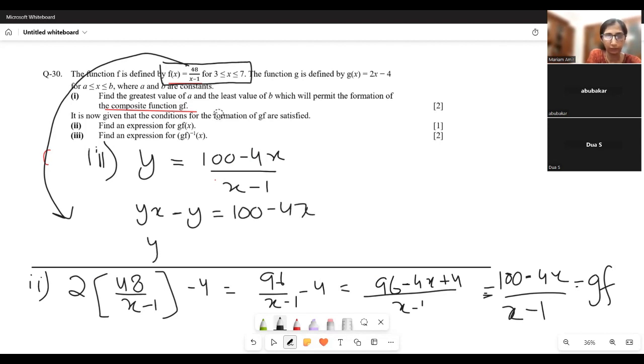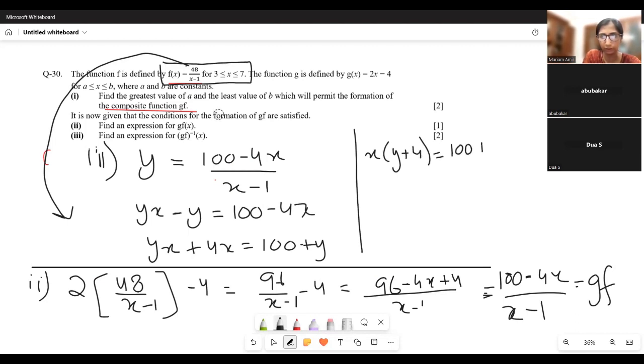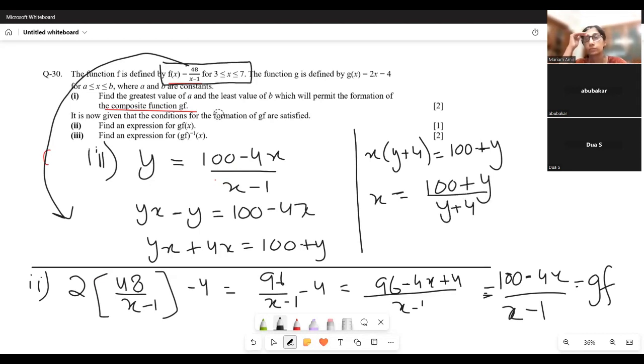So we have yx plus 4x equals 100 plus y. x common. (y plus 4) x equals 100 plus y. x equals (100 plus y) over (y plus 4), which gives gf inverse equals (100 plus x) over (x plus 4).